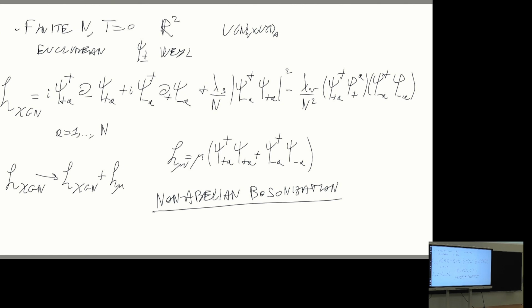bosonization. In this case, you will get a manifest global symmetry, which is simply U(1)^n. All the other symmetries of the system will not be manifest in this description. This description is just fine, it simply does not make manifest most of the symmetries of your system. Before adding the interaction, for free fermions, you have other bosonizations.